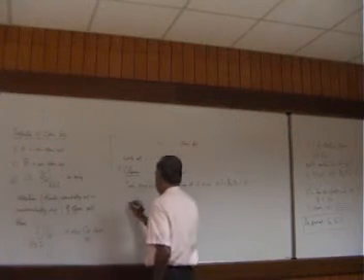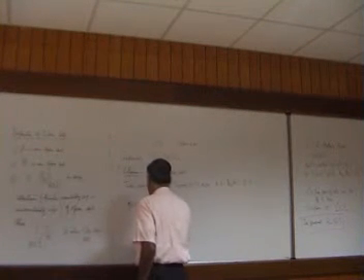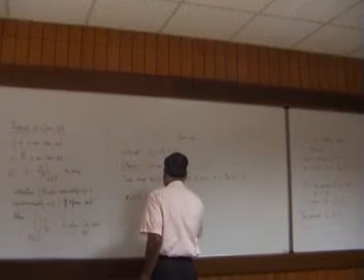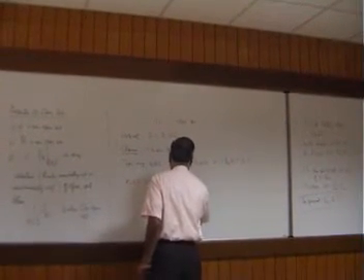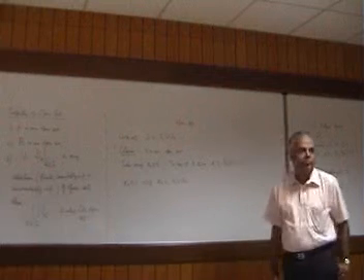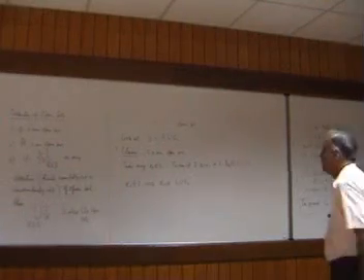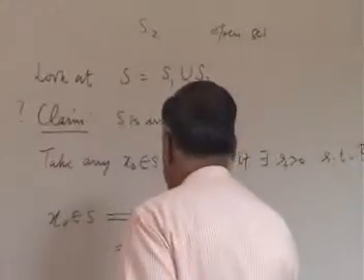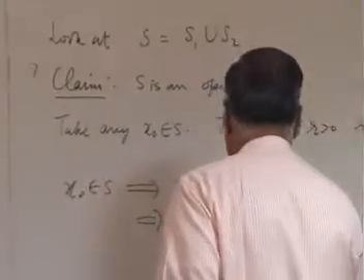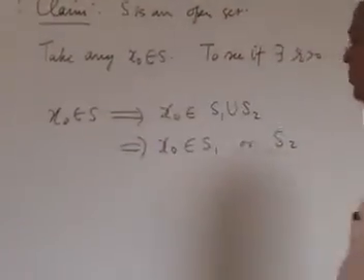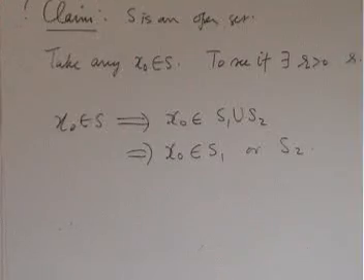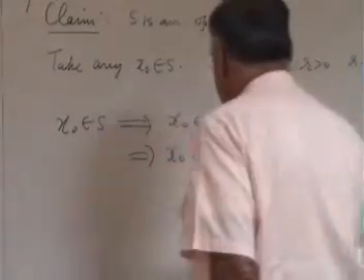So all that we know is x naught is given in S, and the only thing I know about S is that it is the union of S1 and S2, and therefore x naught must belong to one of these. So x naught belongs to S1 or S2. Now, what does this mean?